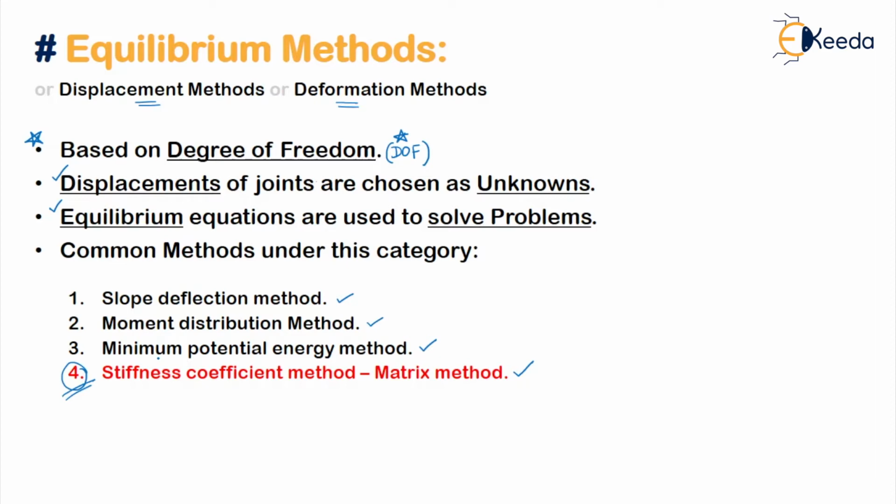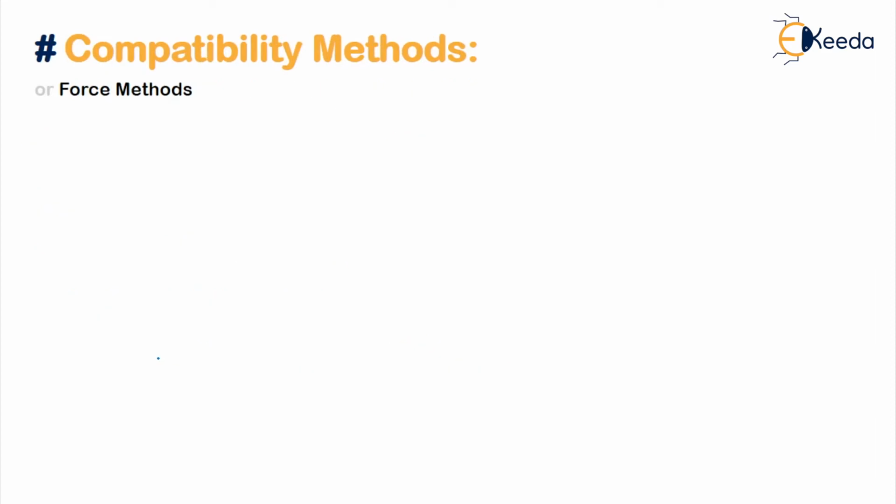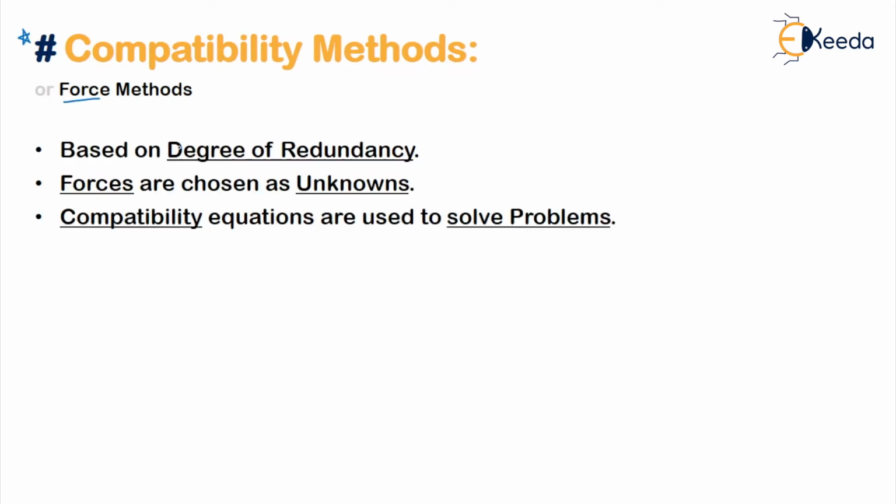Okay, so moving on to the compatibility methods. Compatibility methods are also called what? Force methods. Now what are these based on? Compatibility methods are based on degree of redundancy, or degree of static indeterminacy. We have already seen how to find out the degree of redundancy for a given structure in the previous classes, right?